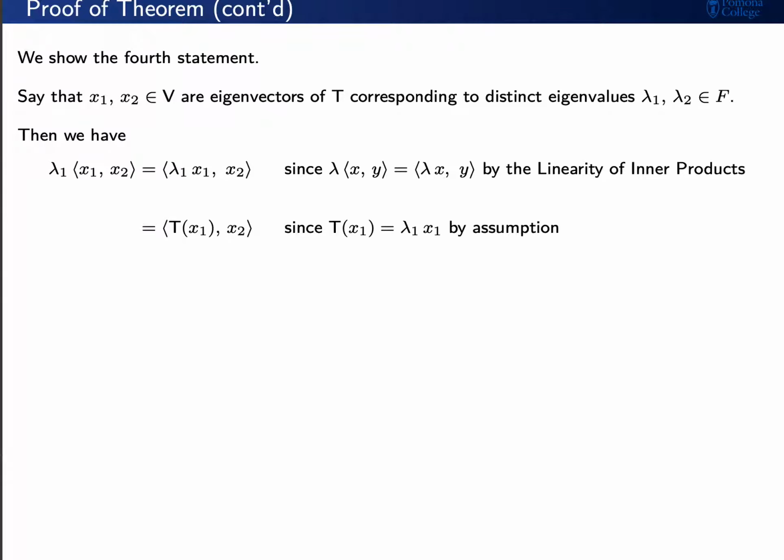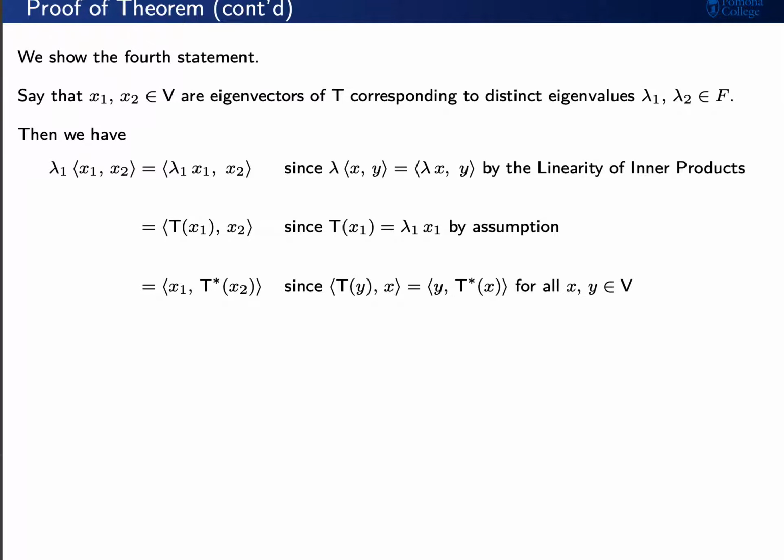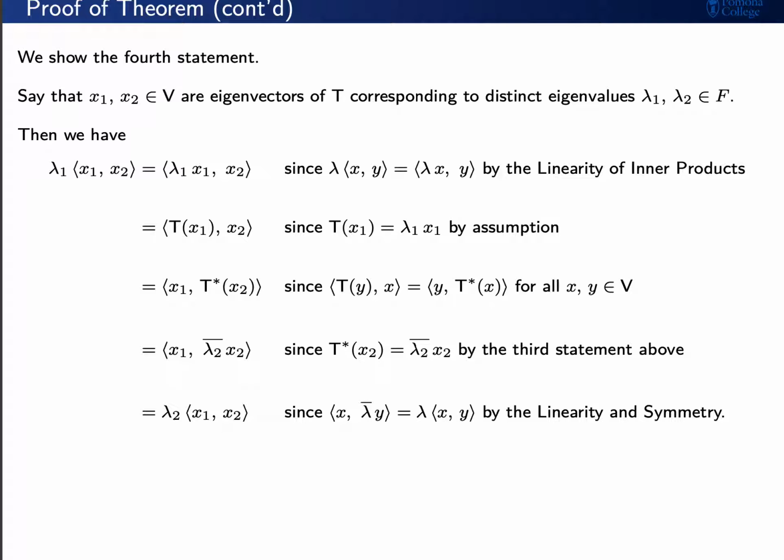Now we use the fact lambda 1 times x1 is T of x1, and we can bring T to the right-hand side and make this T star by the definition of adjoint. We've already seen that T star of x2 should be lambda 2 conjugate times x2 by the previous statement. And of course, now we know that we can swap lambda 2 outside of the inner product by essentially linearity and symmetry put together for the inner product.